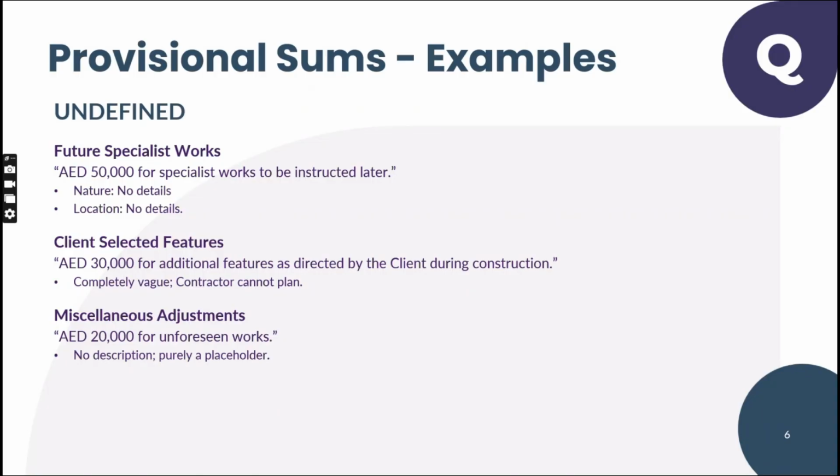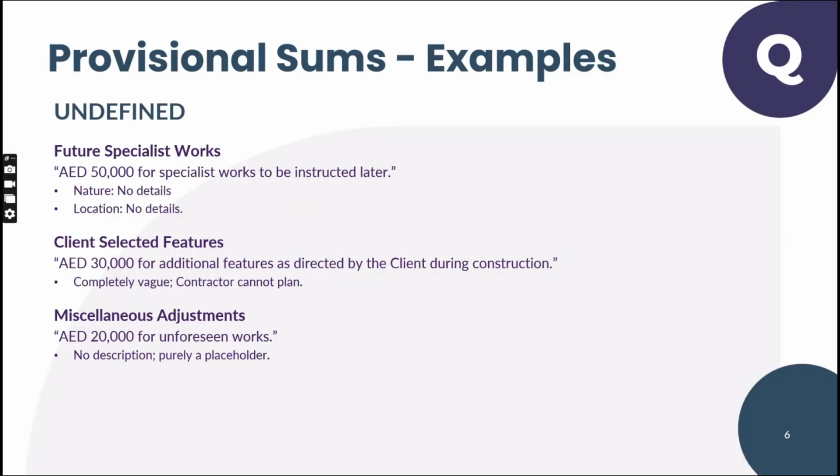It's a very vague statement, because you are keeping 85,000 for specialist work to be instructed later, but you don't know the design. You don't know what kind of specialist work it is. Is it a landscaping work? Is it a fountain work? Is it an MEP work? Is it a light fitting work? Is it a firefighting work? No idea. You just know it is a specialist work.